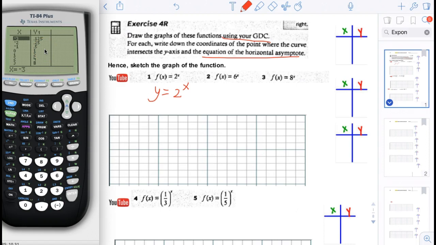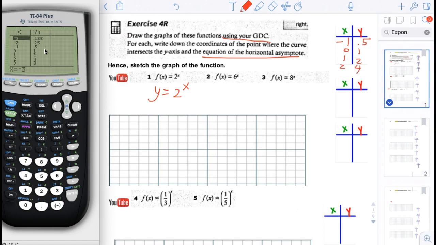So 0.125 and 0.25 are kind of small to be graphing on this small grid, so I'm just going to put the negative 1 value first. I'll put negative 1 comma 0.5, and then I'm going to put some of the other values: 0 comma 1, 1 comma 2, and 2 comma 4.